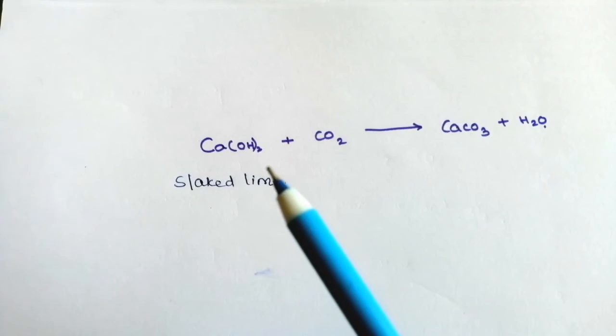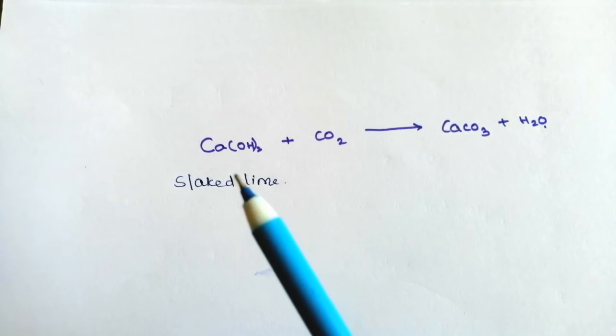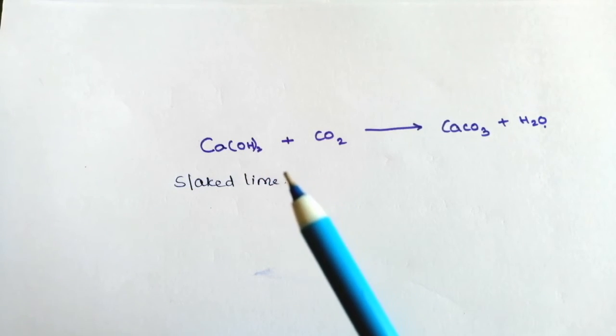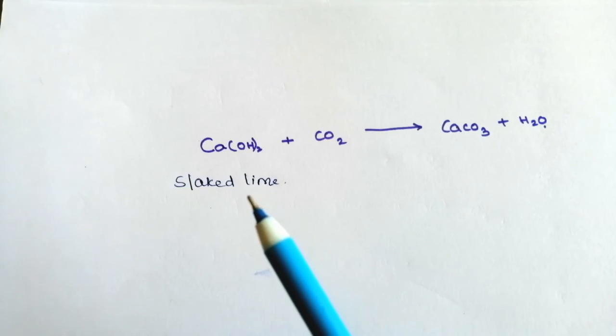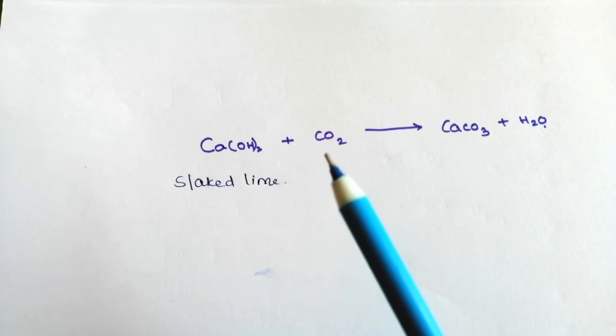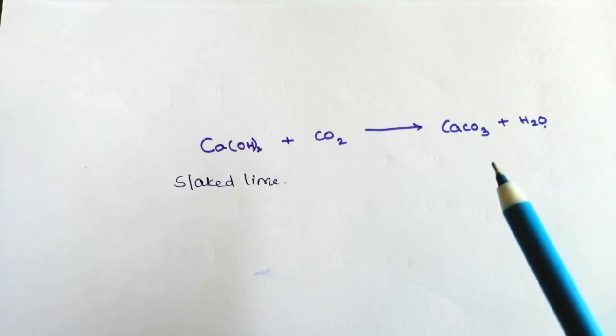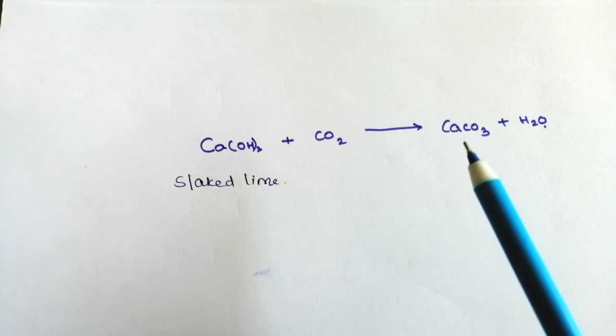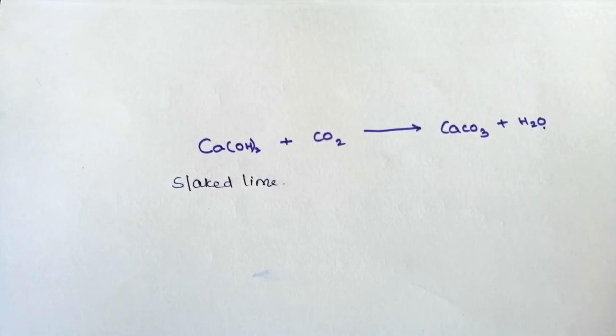After whitewashing the walls with this calcium hydroxide, after 2 to 3 days we get a shiny coating on the walls. The reason is that the calcium hydroxide used to whitewash the walls reacts with carbon dioxide to form calcium carbonate and water. This calcium carbonate is responsible for the shiny nature of the walls. So these are the examples of combination reactions.